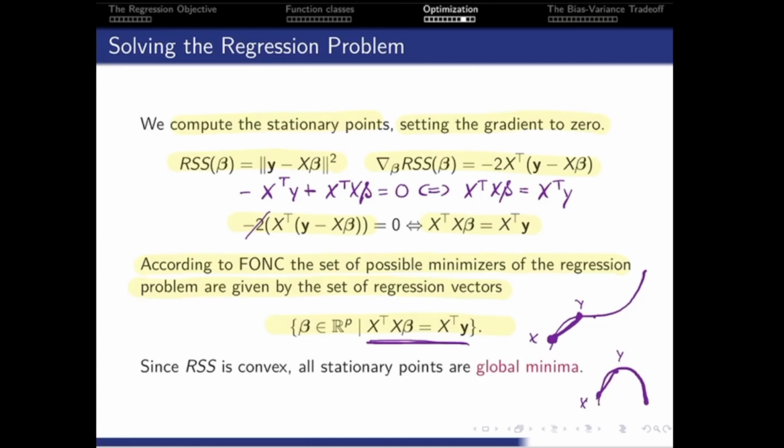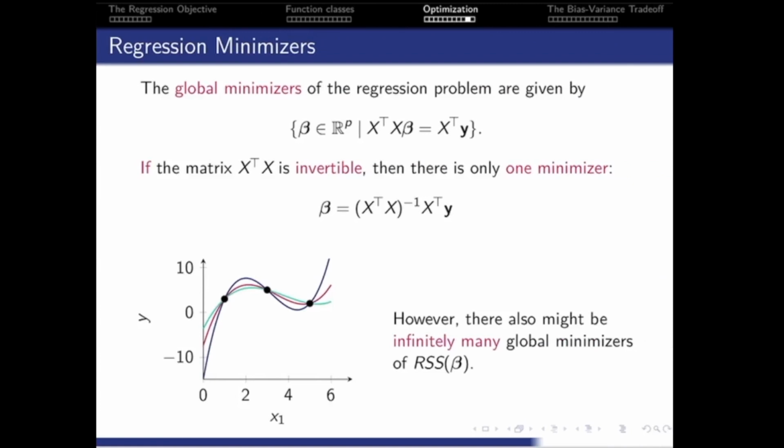Now this is nice in a way, right? We now have the knowledge that all stationary points are global minima, and this is our set of global minimizers. Okay, that's cool, because we have our global minimizers, but the problem is still how we get to beta. If X transpose X is invertible, then it's nice.